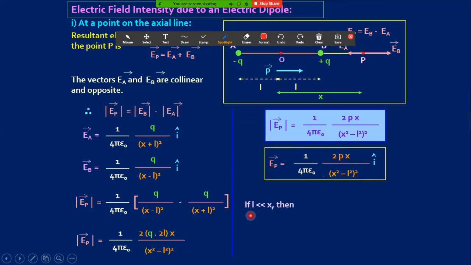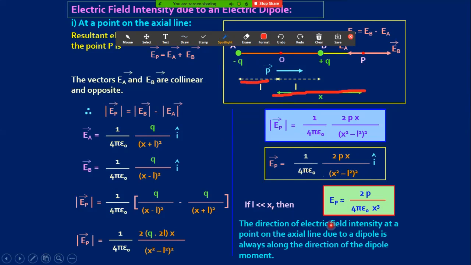If L is very less than x, then what will happen? Yes, let's see. EP is equal to 2p divided by 4 pi epsilon naught x cube.